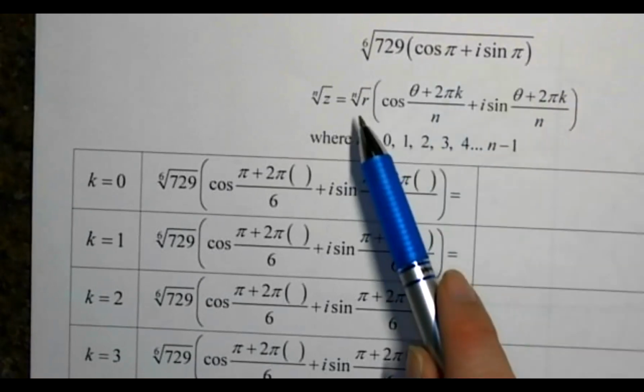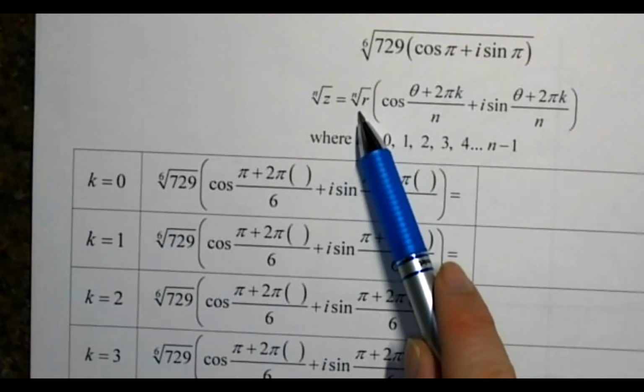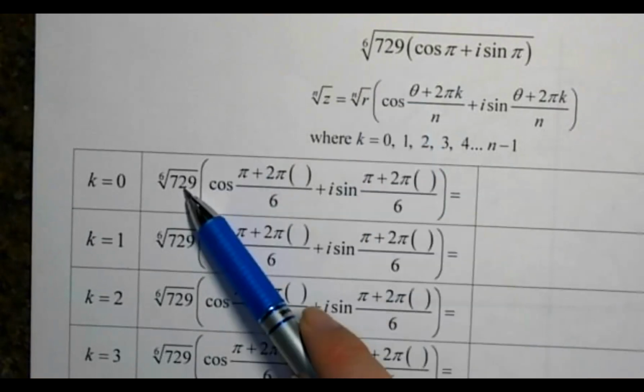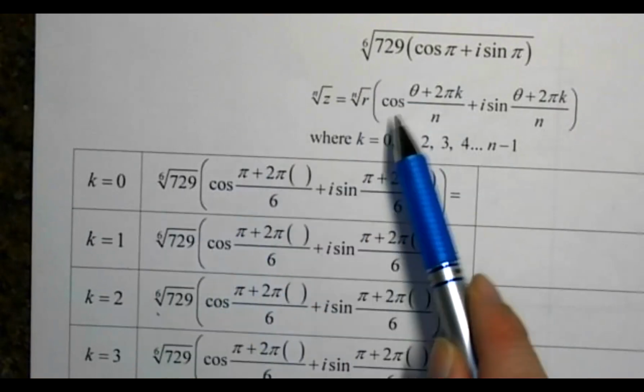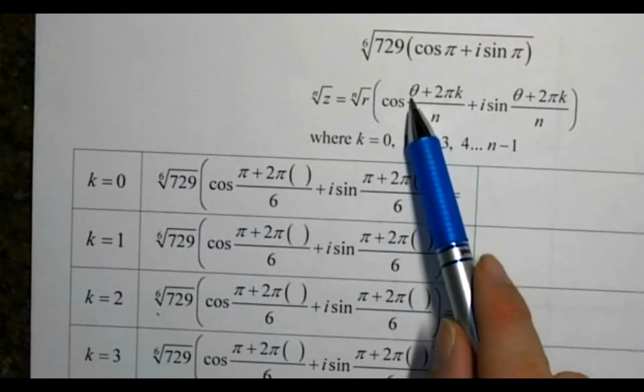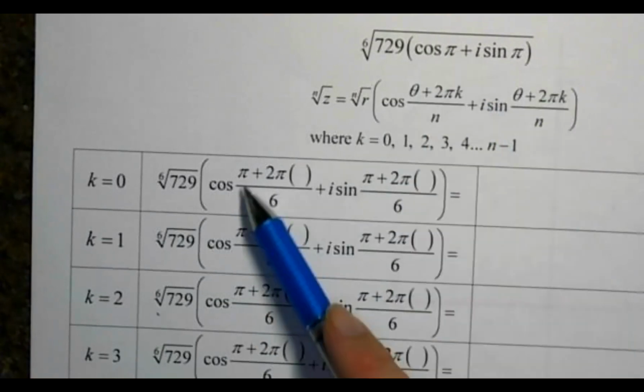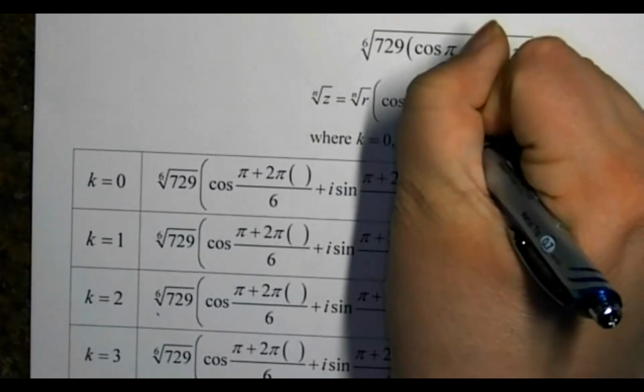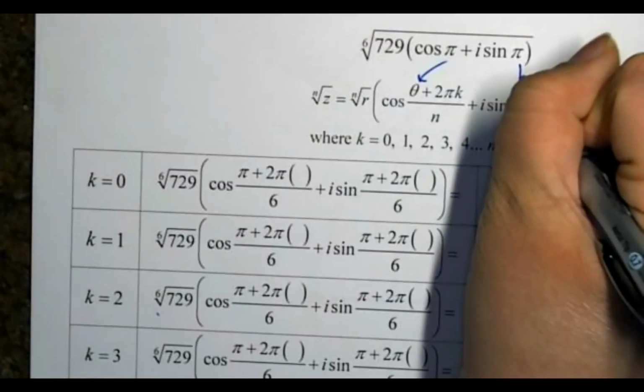So we're going to take the sixth root of the modulus, sixth root of 729 here, and we're going to be using our angle, which in this case, theta is pi. So I've put that in here, pi. That's what we're going to use for our angle.